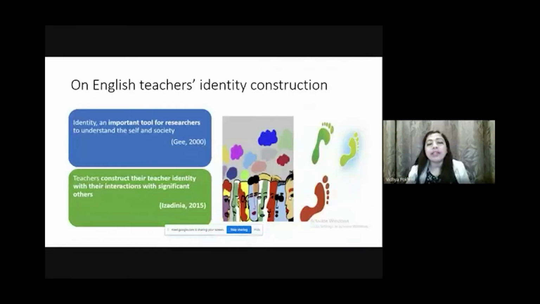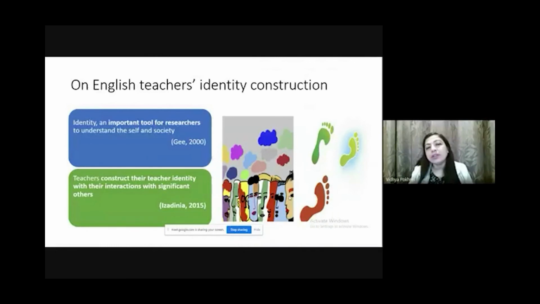So on English teachers' identity construction, Gee 2000 claimed that identity is an important tool for researchers to understand the self and society. And also, Ijadinia 2015 stated that teachers construct their identity with their interaction with significant others.